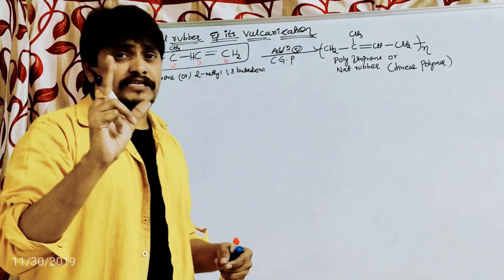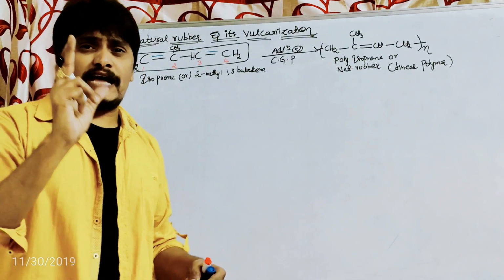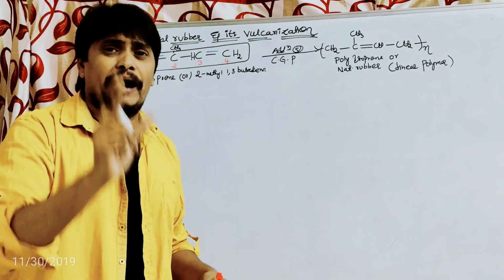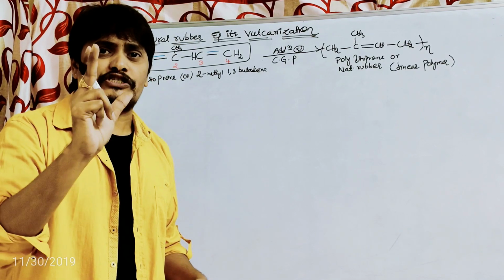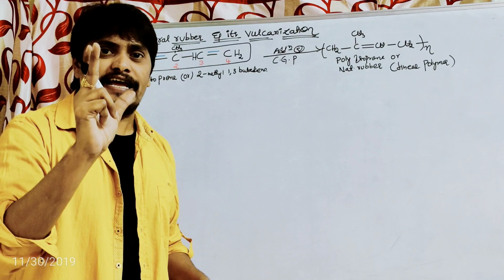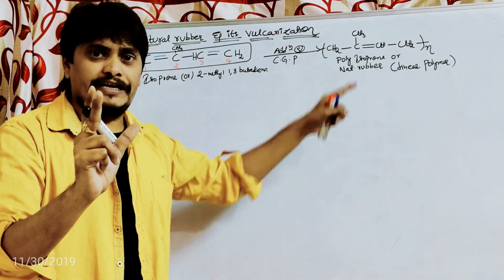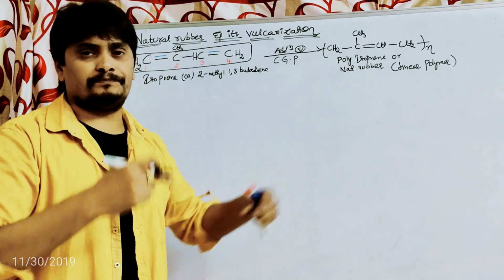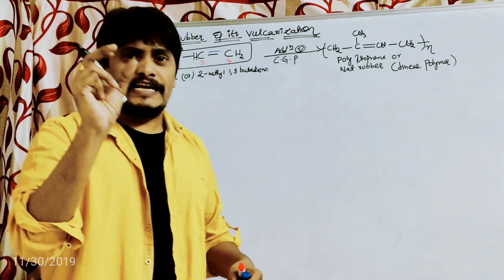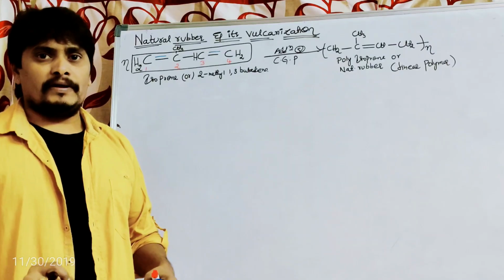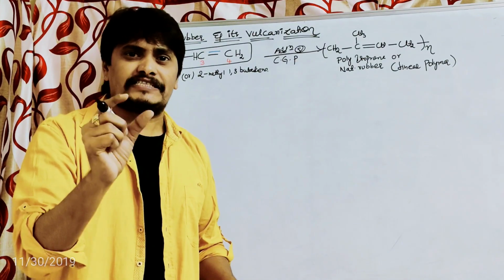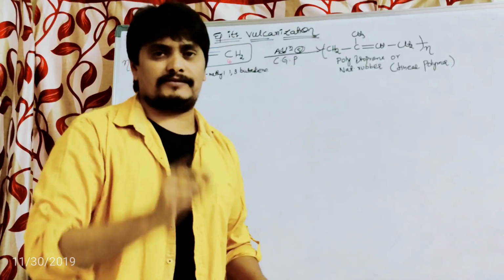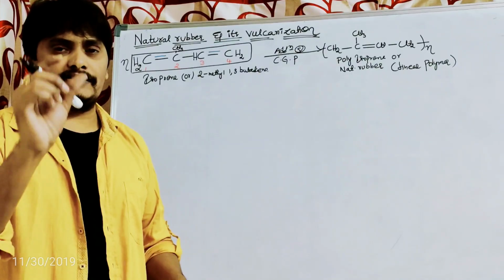And already I have discussed in n number of videos that among the linear, branched and cross-linked polymers, the cross-linked polymers are strong, stiff and rigid in nature. Now it is a linear polymer. Now since it is a linear polymer, definitely its stiffness, strength and rigidity is very less.